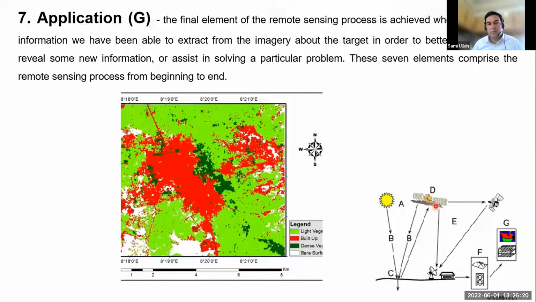The satellites send the data back to the ground station, and from the ground station we get the raw data in the form of satellite images.